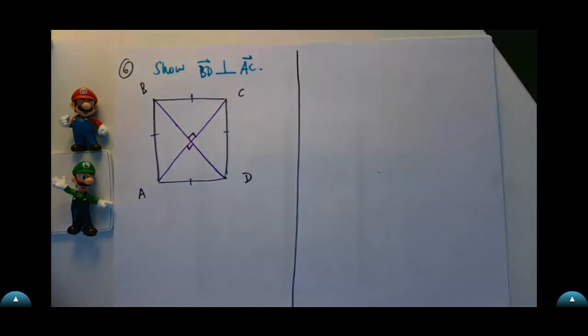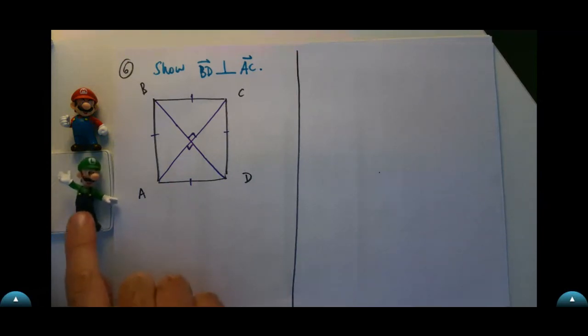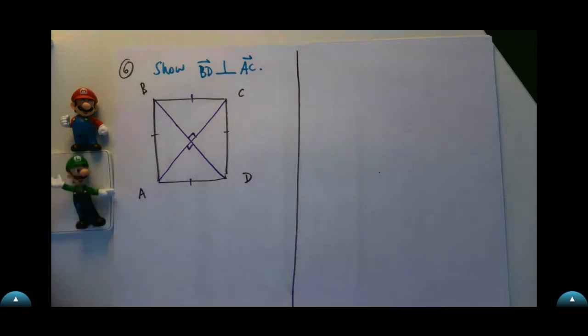So who can tell me in the chat, what is a strategy here? How might we solve this problem? We all know it's true, but can anyone suggest a strategy here? Kevin, dot product equals 0.